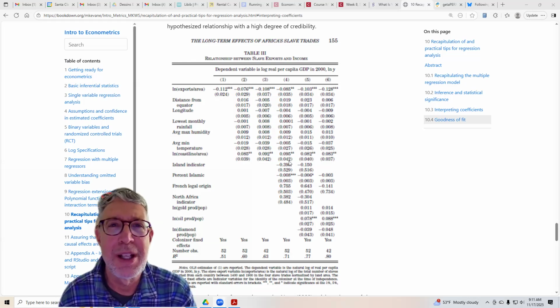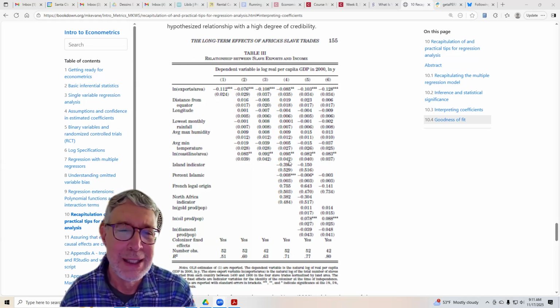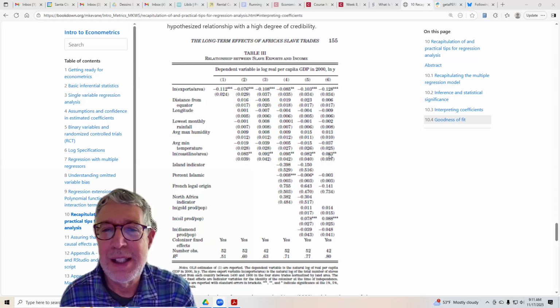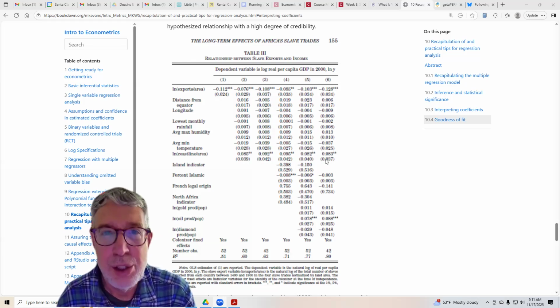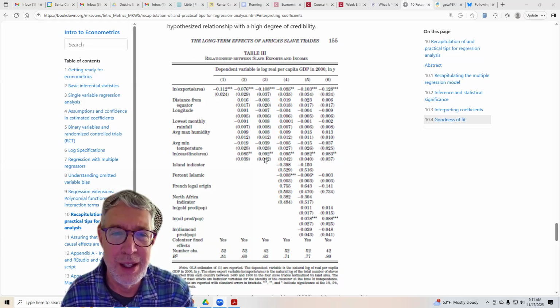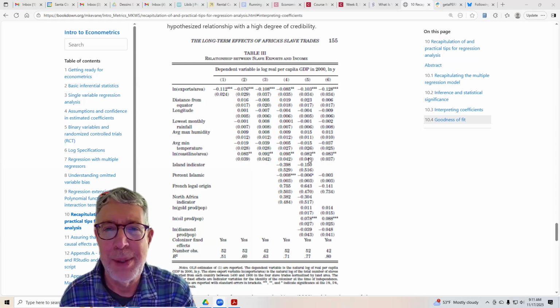Being on a coast and having a large coastline makes it more likely that you're doing international trade. You also have more fishing, so that's another economic opportunity. And we can see that this tends to make countries wealthier. Not hugely wealthier, but about the same order of magnitude as the slave exports, right? 0.09. So a 1% increase in your coastline is associated with a 0.1% increase in your GDP per capita.